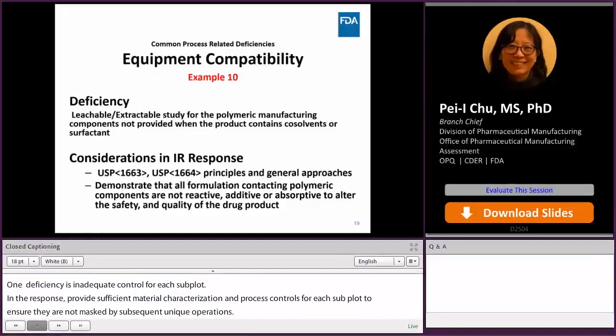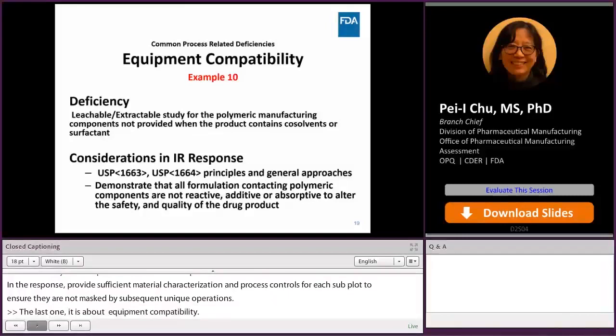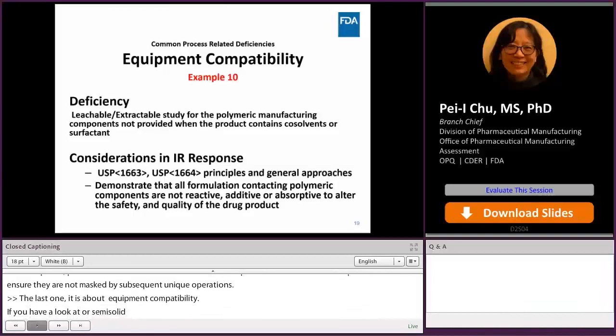The last example is about equipment compatibility. If you have a liquid or semi-solid formulation and the product contains co-solvents or surfactants, then a leachable or extractable study for the polymeric manufacturing components, such as tubings or filters, should be considered and provided.